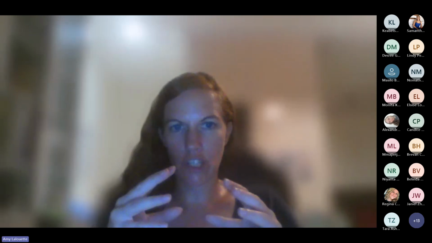So text is writing. So each word is a symbol that needs to be decoded. Visual is something that you look at. So it's an image. Then your spatial is your gestures, your movements.